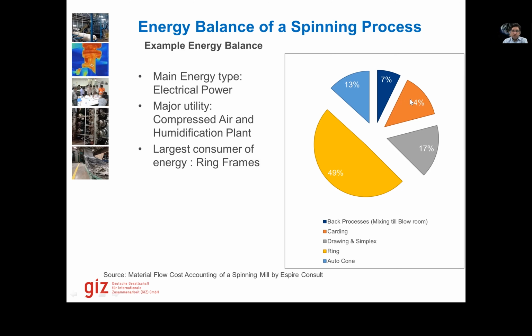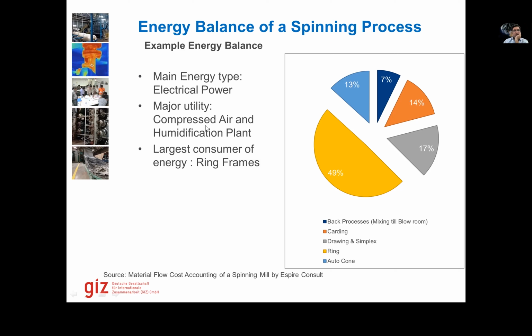The carding process, which converts the cotton laps into cotton sliver, is also consuming 14% energy. The back processes, which we call the mixing and blowing processes, are consuming the least energy in this case.